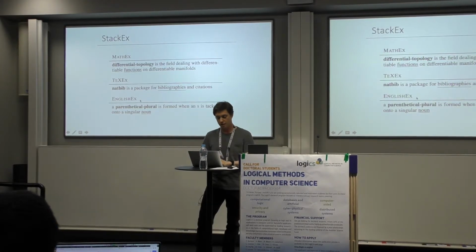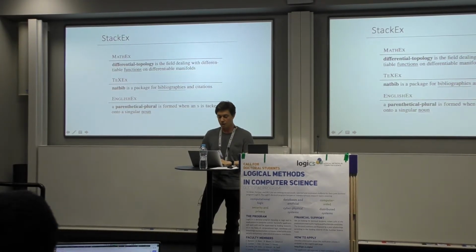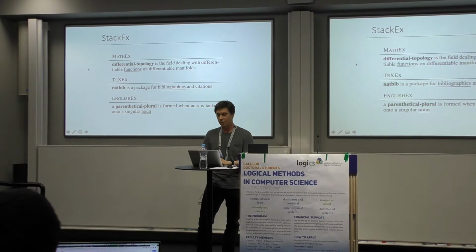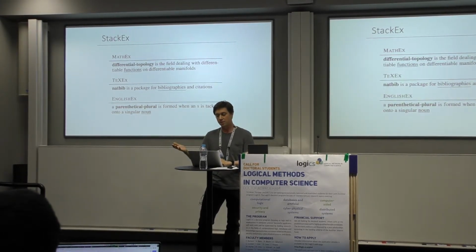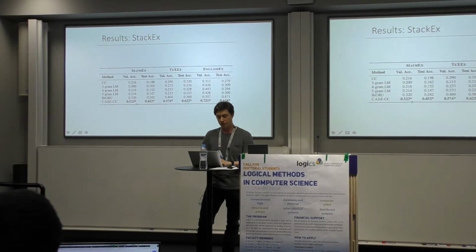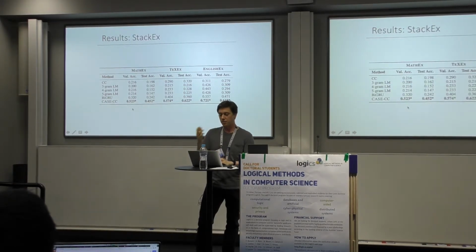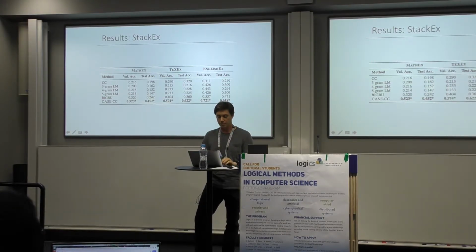And these are soon to be released. Exactly the same format as Quasar-S. And we did the same experiments. And we found that we can significantly outperform the BiGRU or co-occurrence counts model alone, as well as several other simpler language models, n-gram language models.